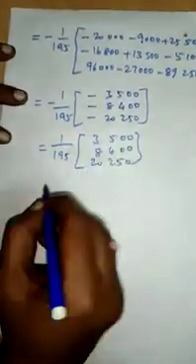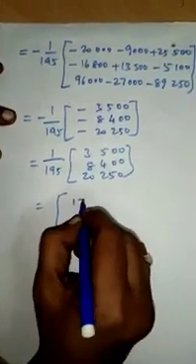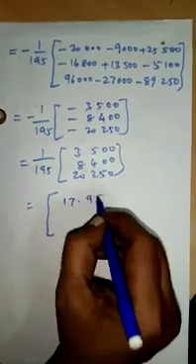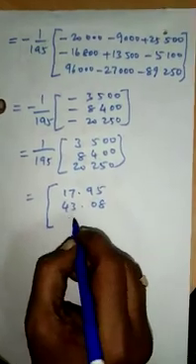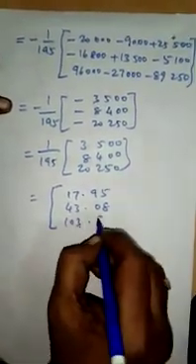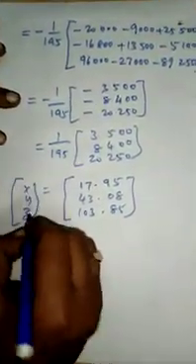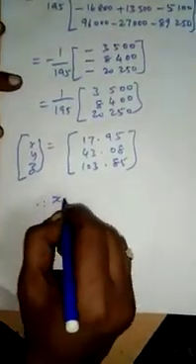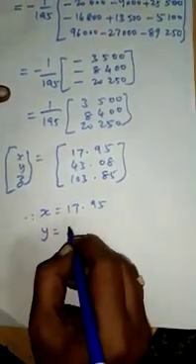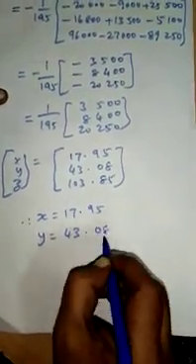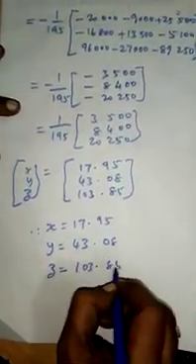Dividing by 195 each, we get 17.95, 43.08 and 103.85. Therefore, X is equal to 17.95, Y is equal to 43.08, and Z is equal to 103.85 are the commissions.